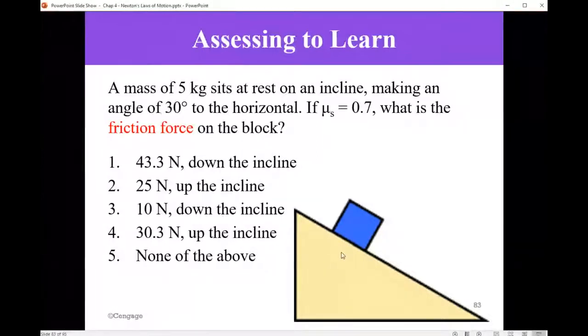This will be mg cosine theta, and along the incline would be mg sine theta. Sine 30 is 1/2. mg multiplied by 1/2 would be 50 multiplied by 1/2, which is 25. Okay, so the force of static friction would be up the incline and would be 25 newtons.